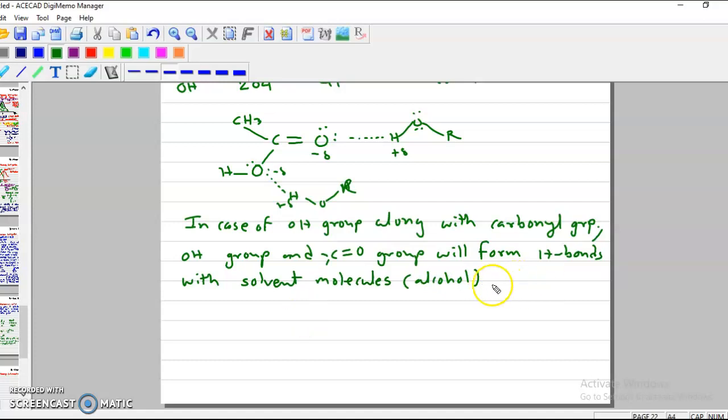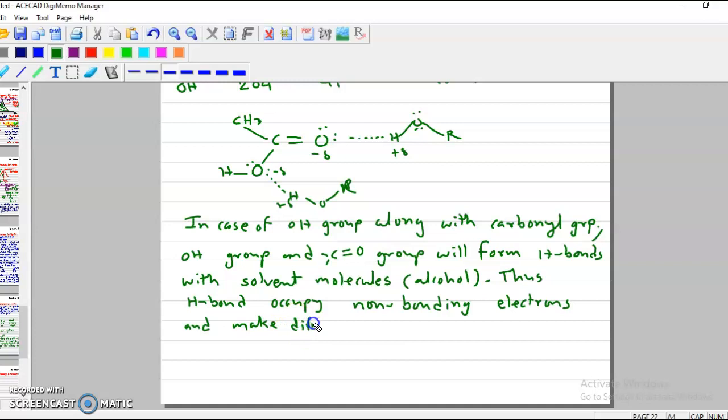Thus hydrogen bonds occupy non-bonding electron pairs and make n to pi star transition difficult.